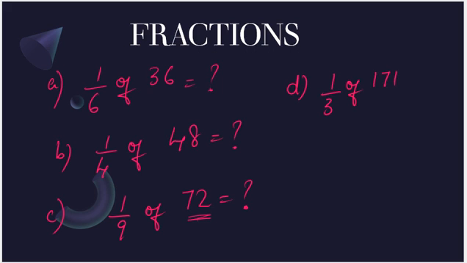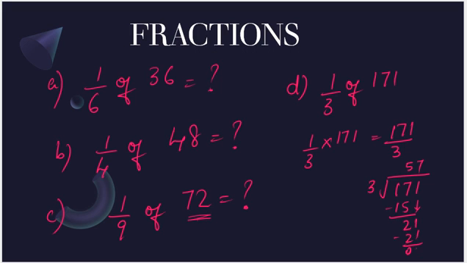Let's try it out. It can be written as 1/3 of 171, which is 171 divided by 3. Let's do the division, long division here. 3 fives are 15, 2 and bring down 1. 3 sevens are 21.